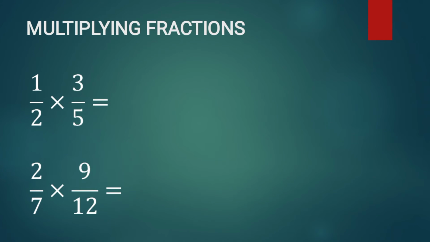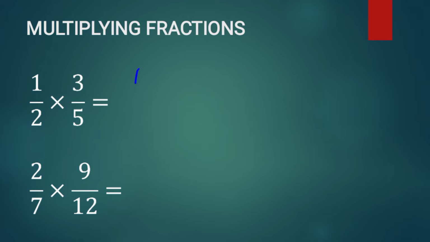So let us start. Let us multiply 1/2 by 3/5. First, we are going to multiply the numerators or the top numbers.